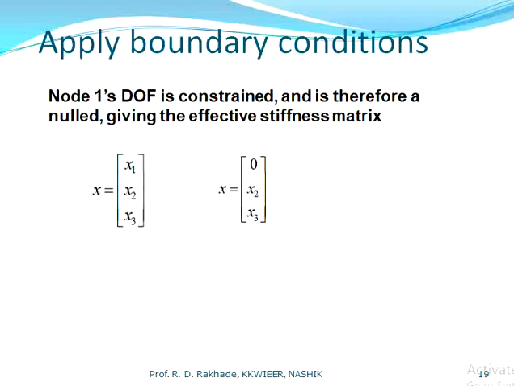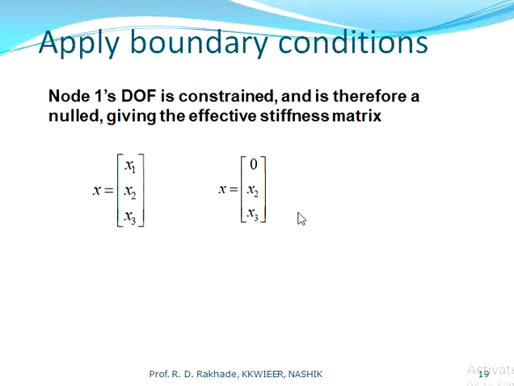Next step, formation of the displacement matrix. When you apply a force, there are three nodes, so those three nodes are going to displace. So we represent x1, x2, x3 for the displacement of those three nodes.